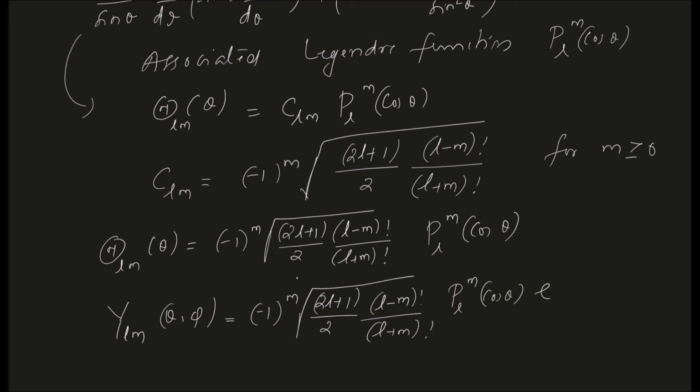Then we have e raised to i m phi. So these are called the normalized spherical harmonics. So the eigenfunctions of orbital angular momentum are given by the spherical harmonics.